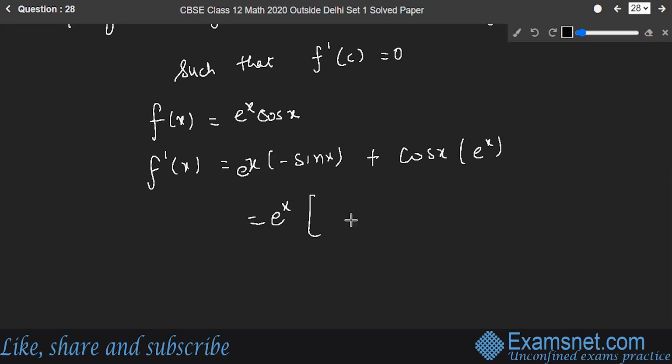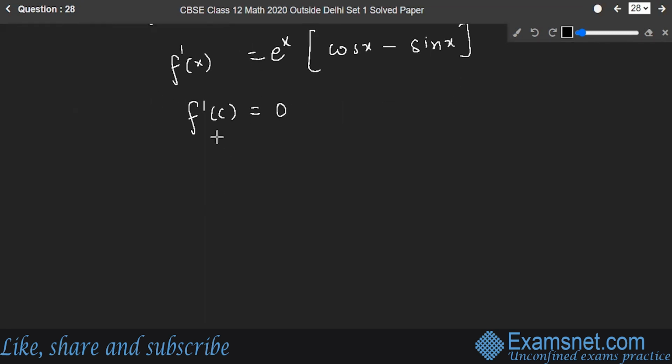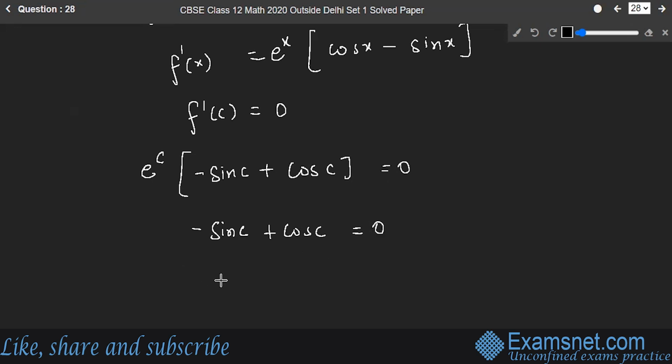So here will be e raised to power x into cos x minus sin x. Here f dash c is equal to 0. So that means e raised to power c into minus sin c plus cos c is equal to 0, or minus sin c plus cos c is equal to 0, or you can say dividing both sides by root 2, you will have minus 1 by root 2 sin c plus 1 by root 2 cos c is equal to 0.